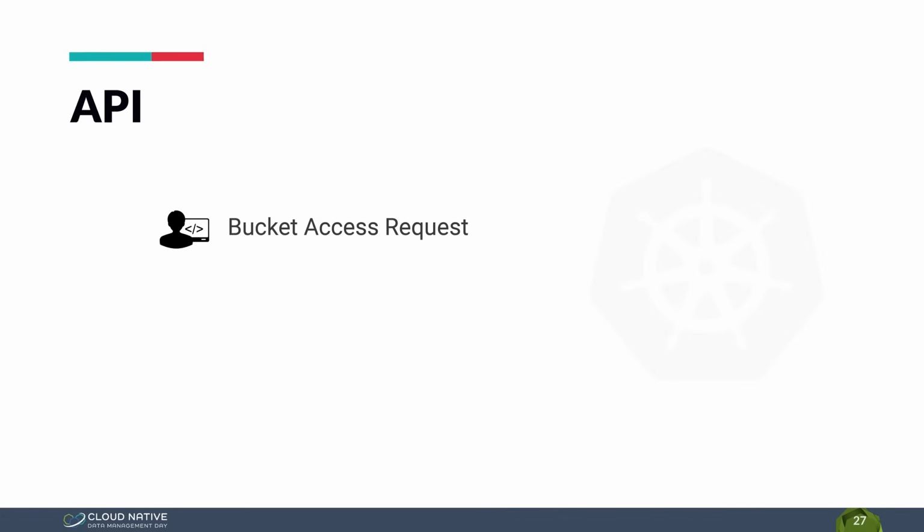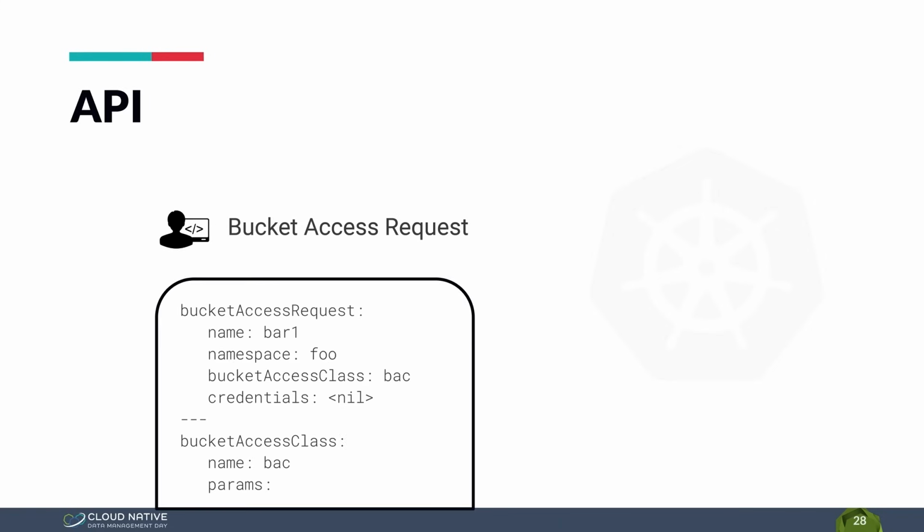Again, declaratively, we model this as bucket access request. It's a declarative API, a CRD that expresses the intention to access a bucket. This is what the resource looks like. Again, bucket access request is a namespace resource. It has a bucket access class that it points to, which is not namespaced. The classes are not namespaced.